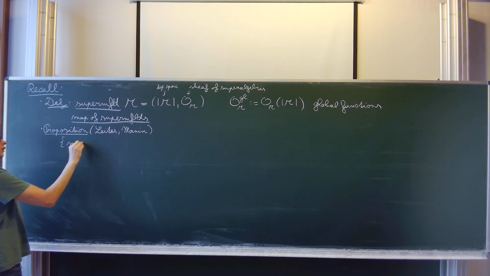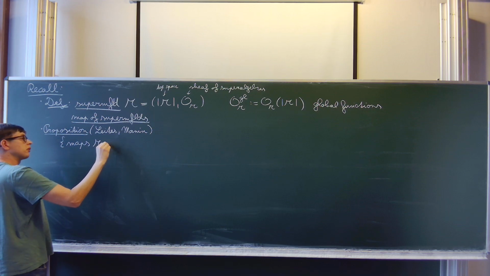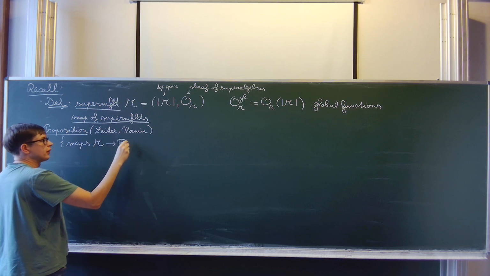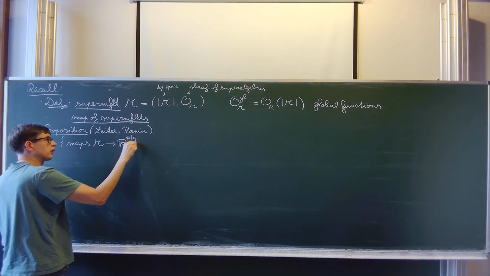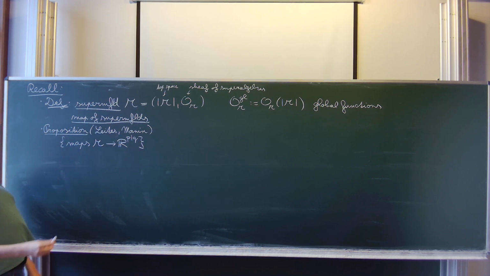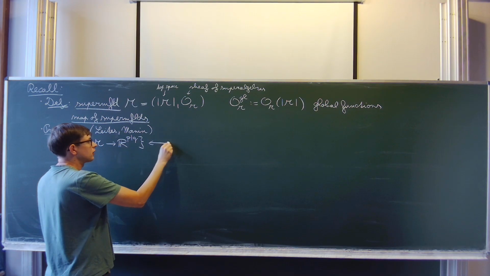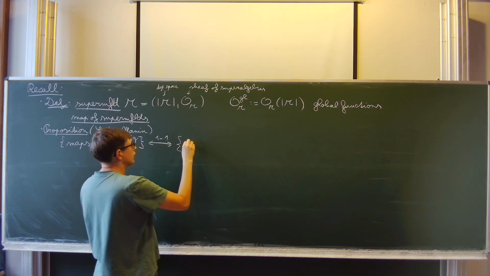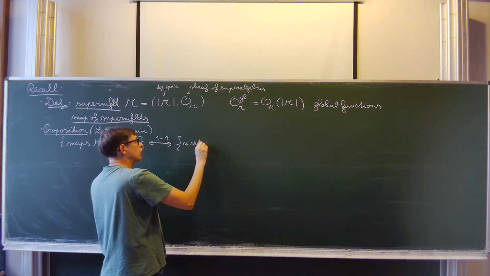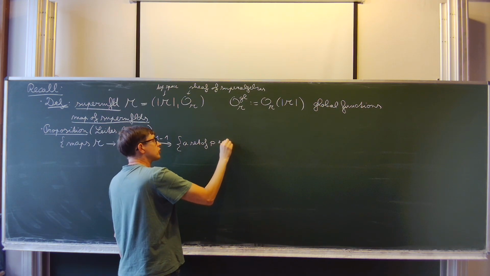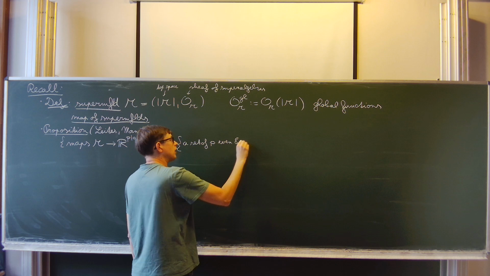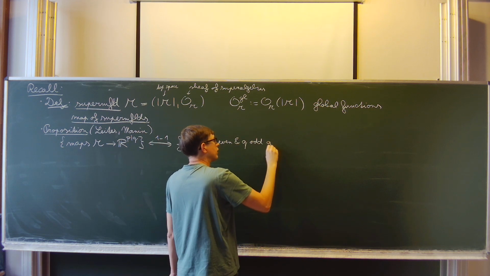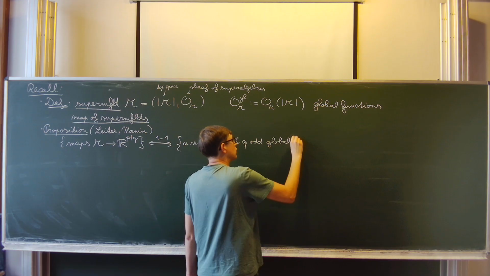On one hand, you can study maps from a supermanifold M to this local model space, and these are in one-to-one correspondence with a set of p even functions and q odd functions, odd global functions on M.